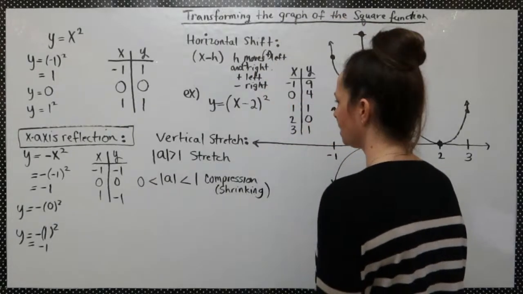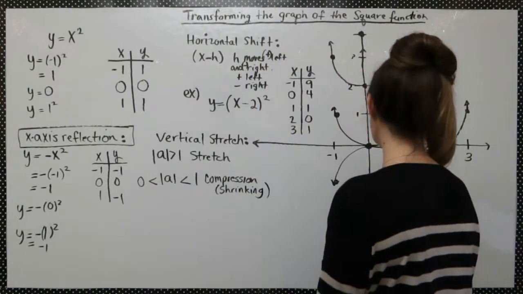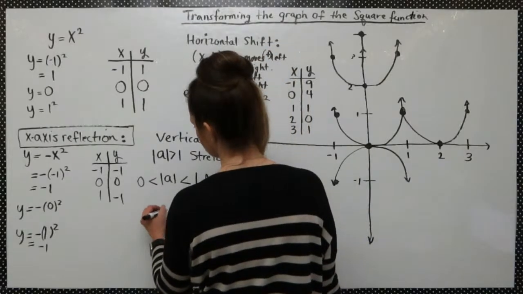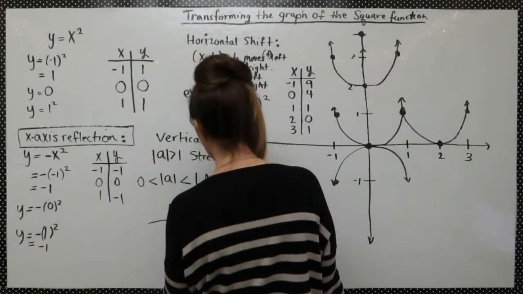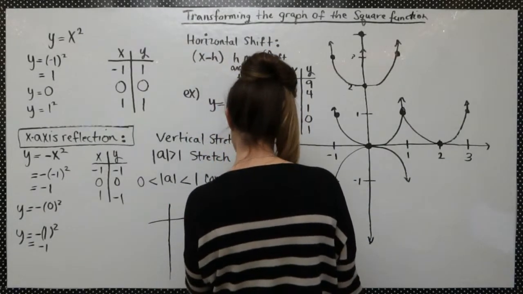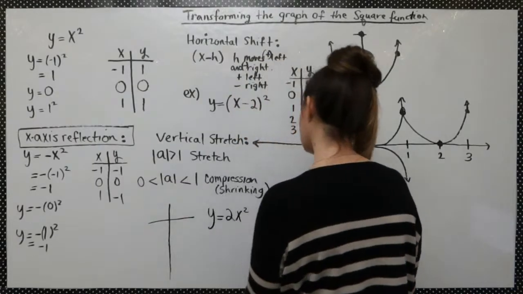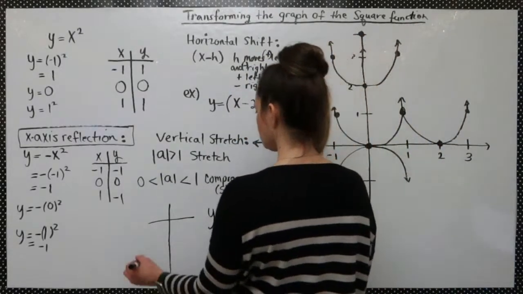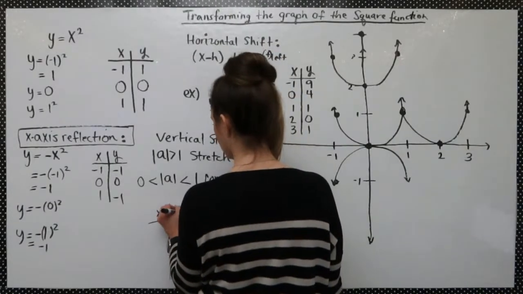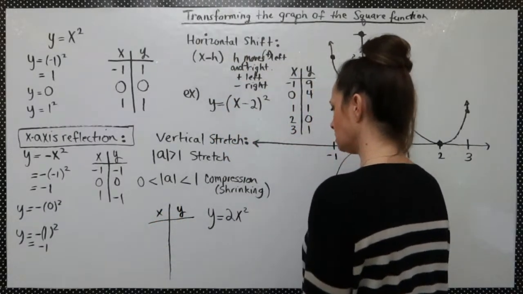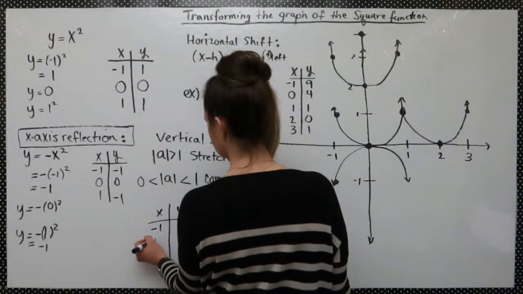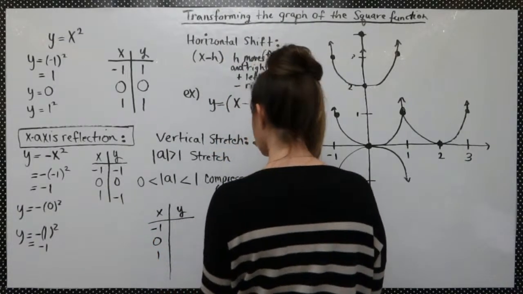And so basically an example of that would be, I won't build the table, but y equals 2x squared. X comma y. And you pick those same 3 values here, -1, 0, and +1.